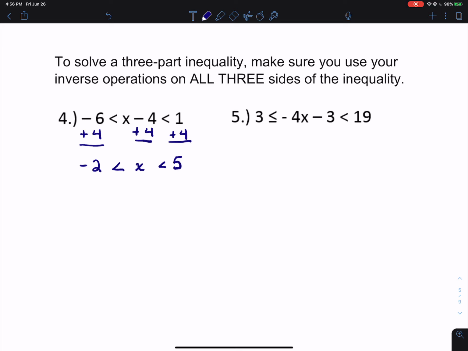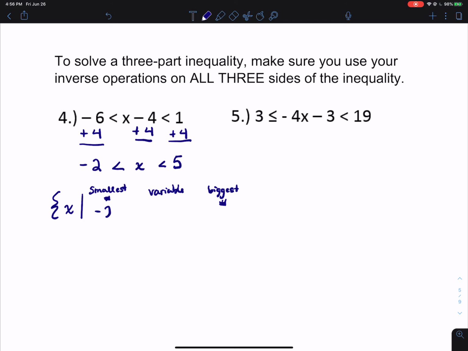If I want to write this in set builder notation, I'm going to start with the variable I solved for, so that x, such that, and then I'm always going to have the smallest number, the variable, and then the biggest number in that order. So in this case, the way I solved it, it's already in that order.